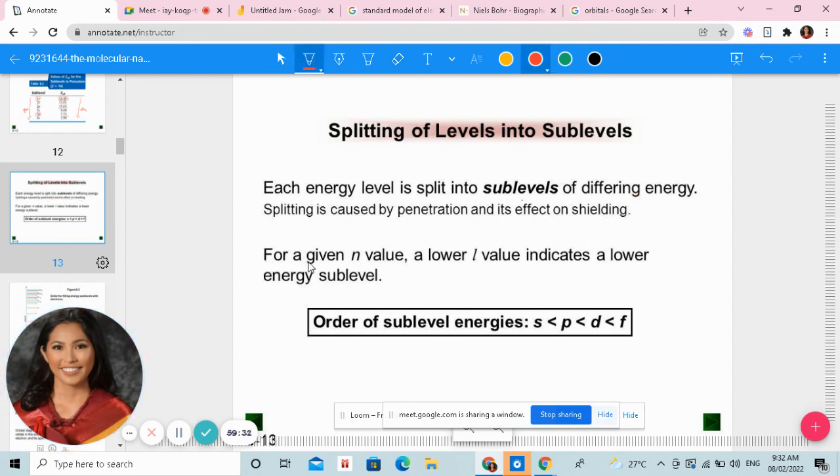Okay, for a given n value, we have the order of sublevel energies: s, p, d, and f.